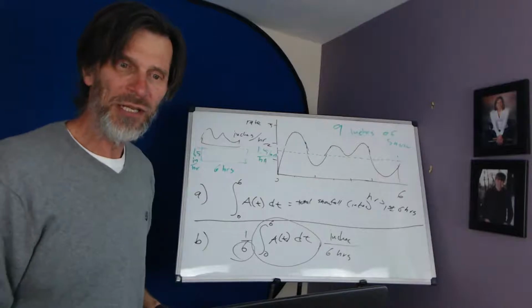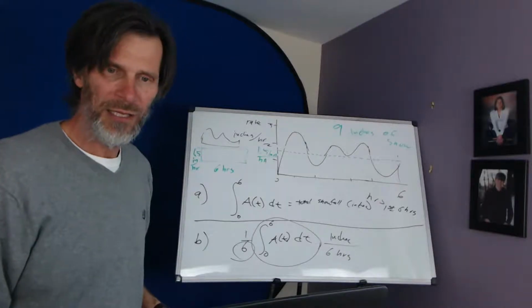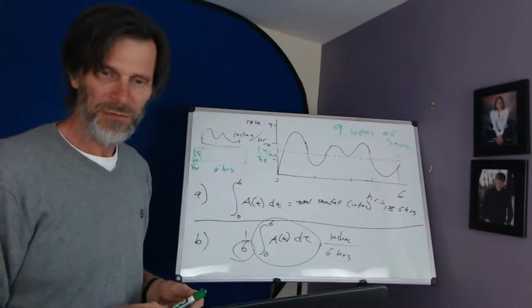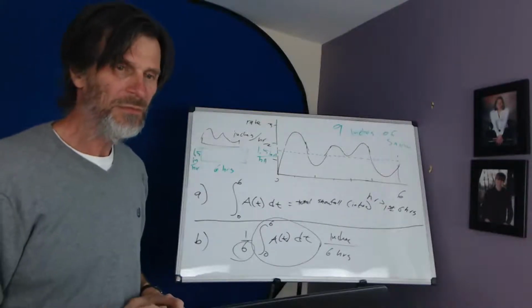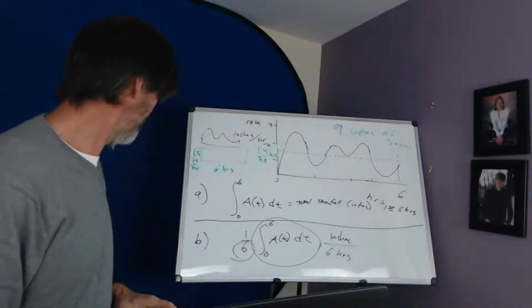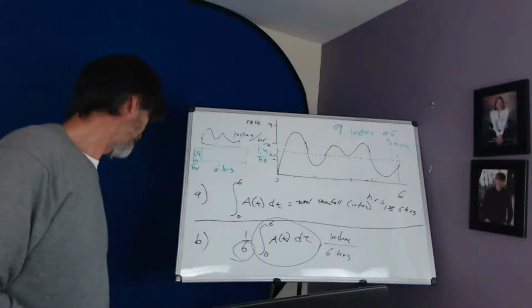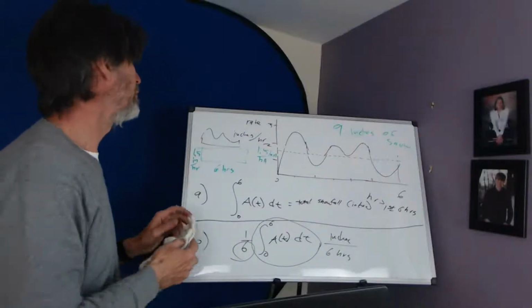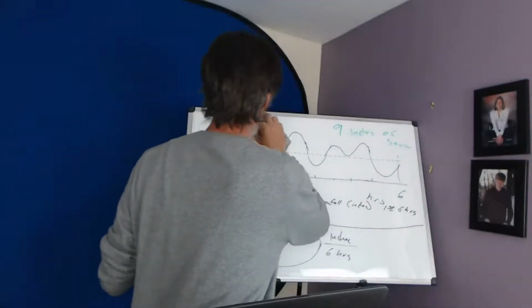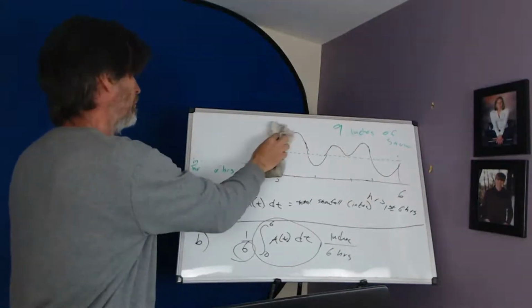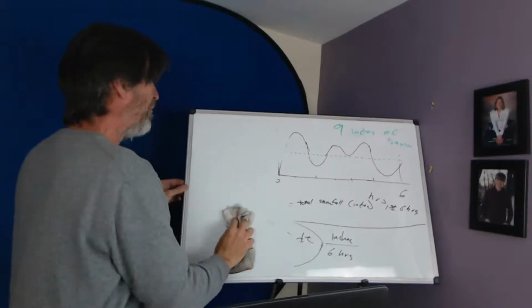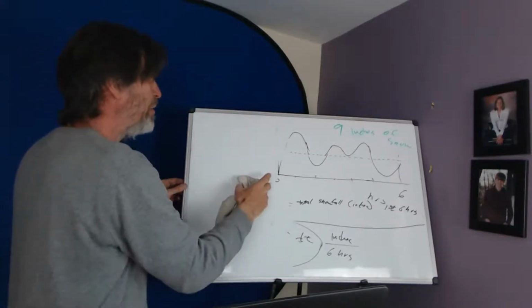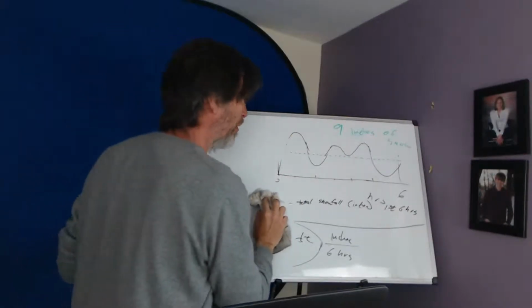Make sense? Any questions on problem 3? So one more time, when you're looking for the average function, it has the same units as the original graph had.